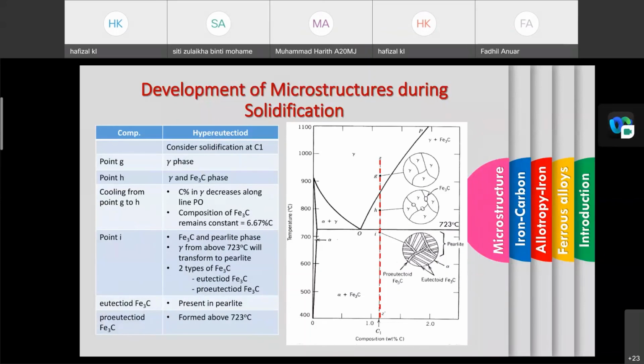And what will happen in the hypereutectoid area, at this region, this line, we can see at points G, H, I. In this case, we can see the microstructure taking place at gamma here, and then during the solidification at point H, we can see the cementite starts to nucleate and become bigger and bigger, and finally they merge with each other to make something like this.